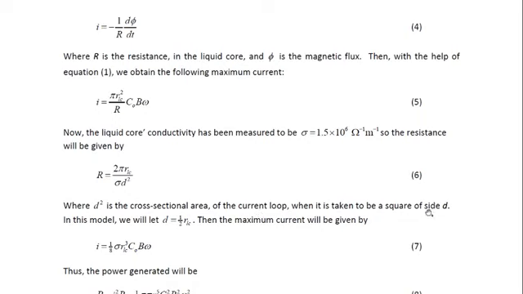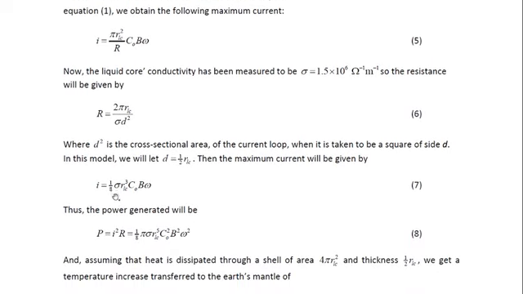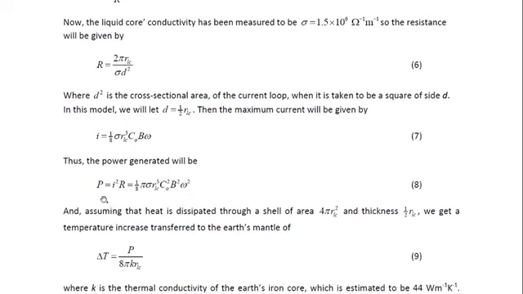When it is taken to be a square of side d in this model, we will let d equals half of RLC. So we're going to make a thick loop with the cross-sectional dimension being half of the radius of the loop. Then the maximum current will be given by I equals 1 over 8 sigma RLC cubed C naught B omega.